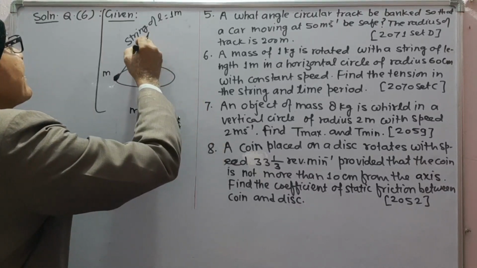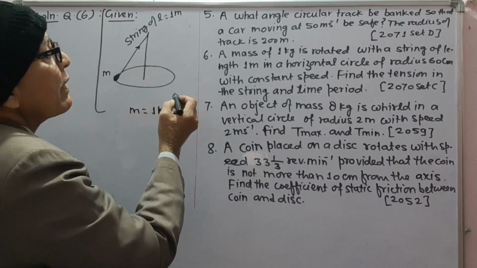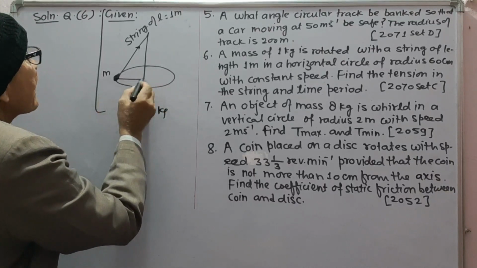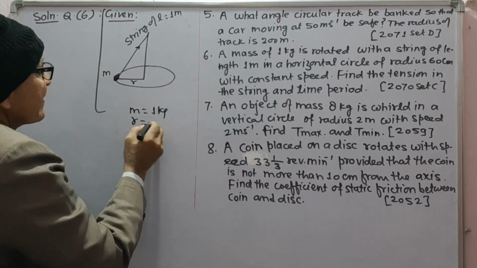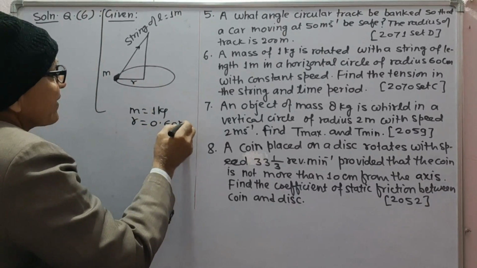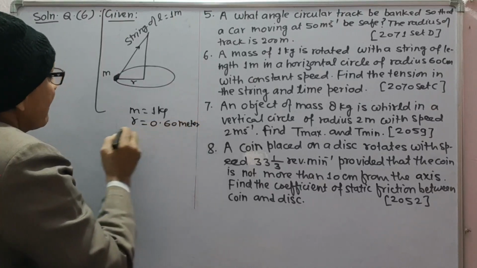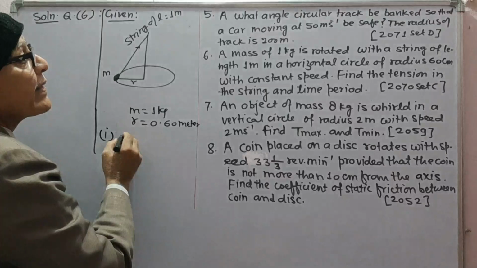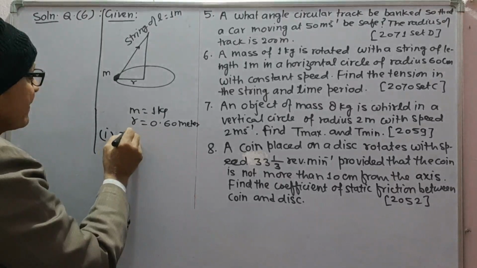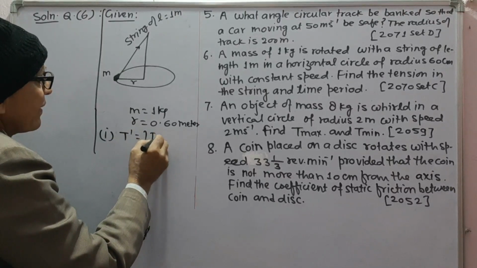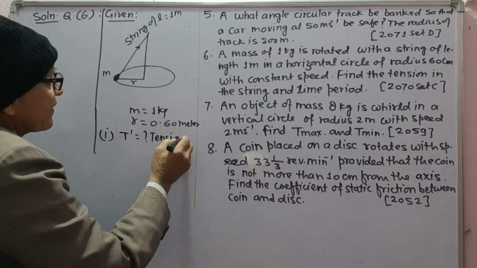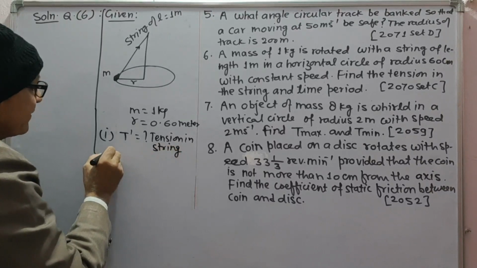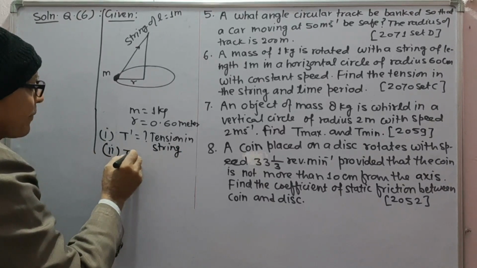We have to find the radius of circle r is 60 cm means 0.6 meter. We have to find the tension in the string T dash, tension in string, and time period.